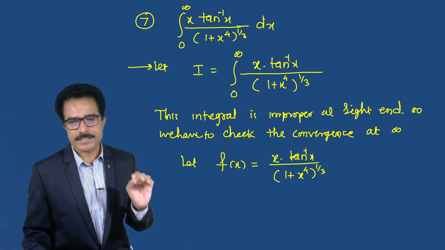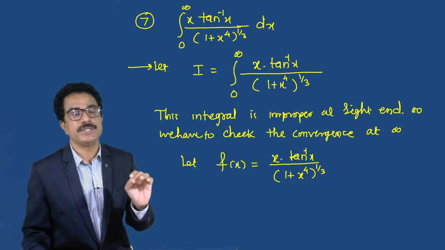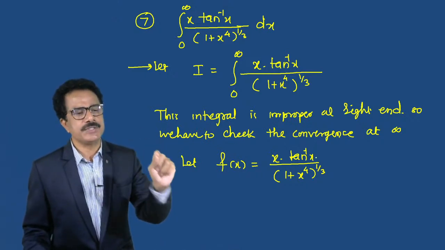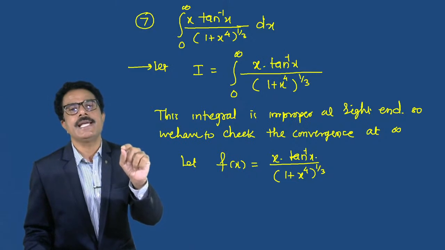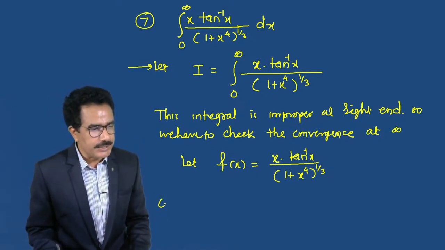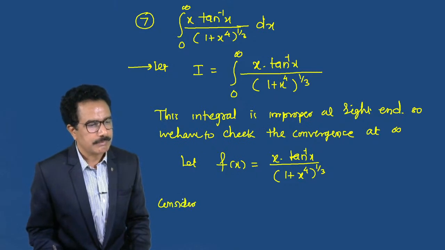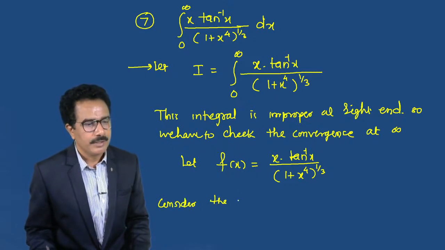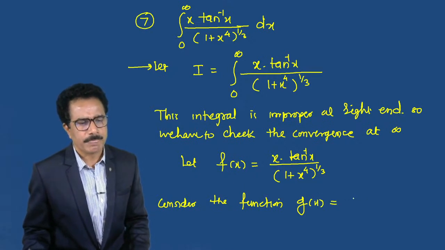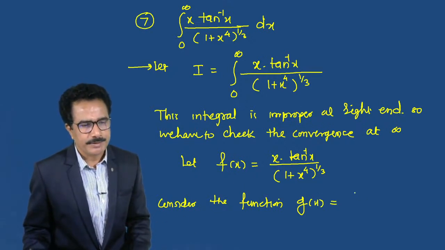Tan inverse x divided by x, as x tends to infinity, we get the value as 1. So we can consider the function g of x, which we can write as 1 upon x raised to 1 by 3.